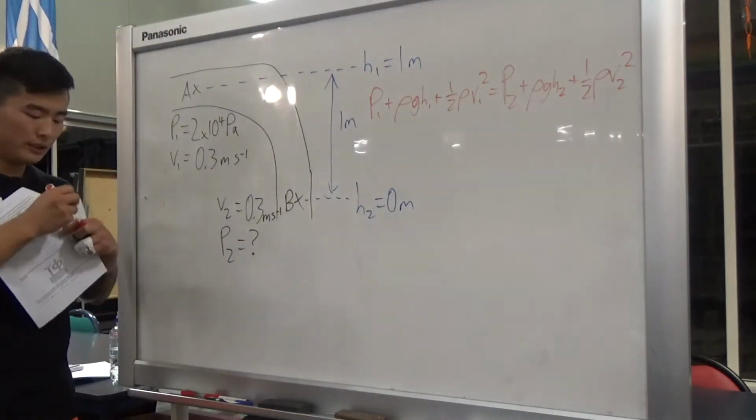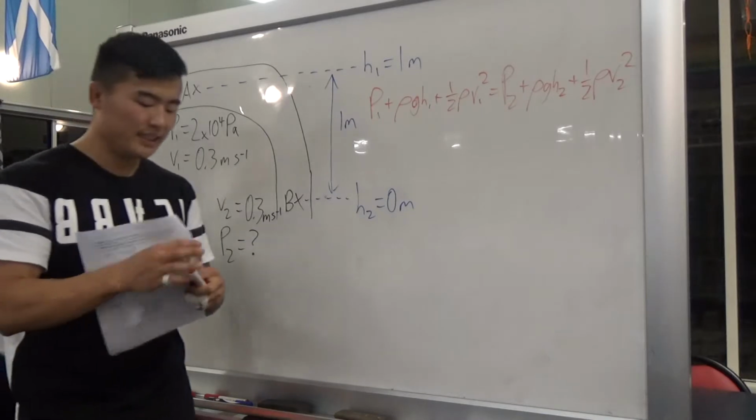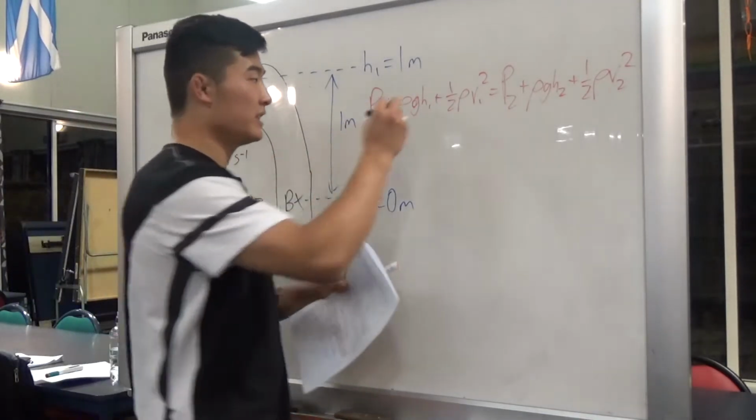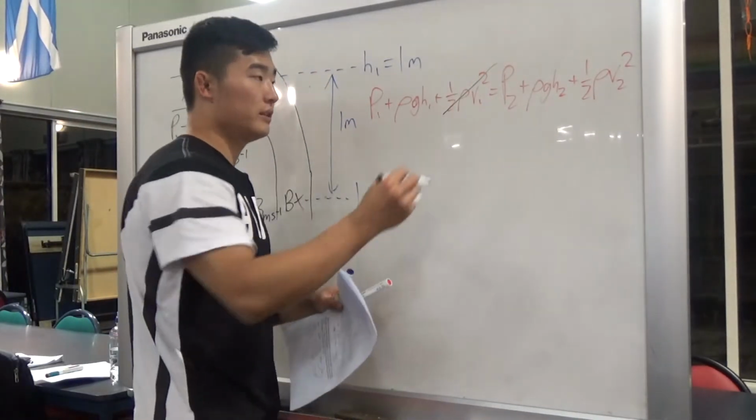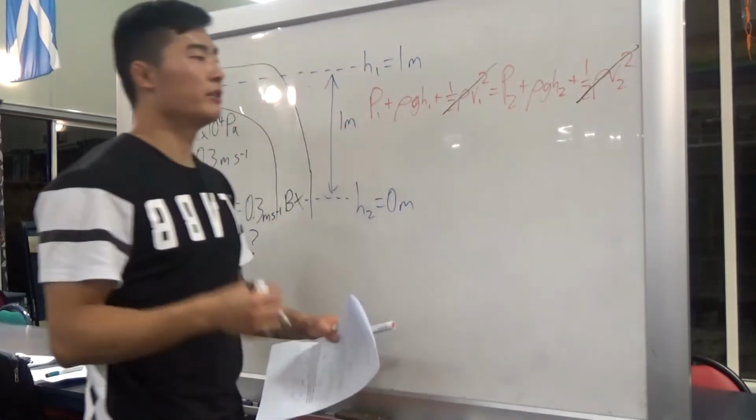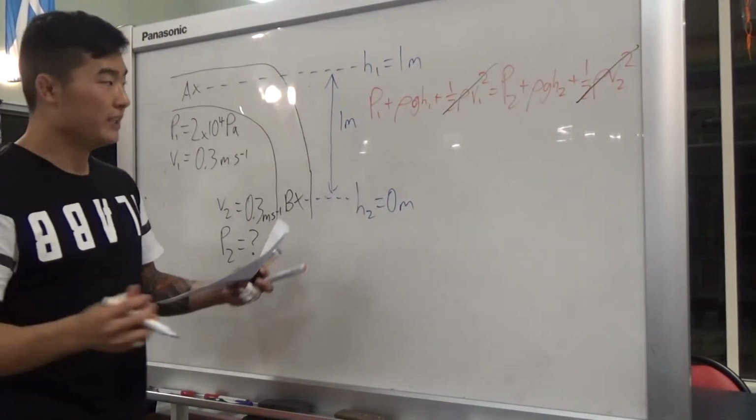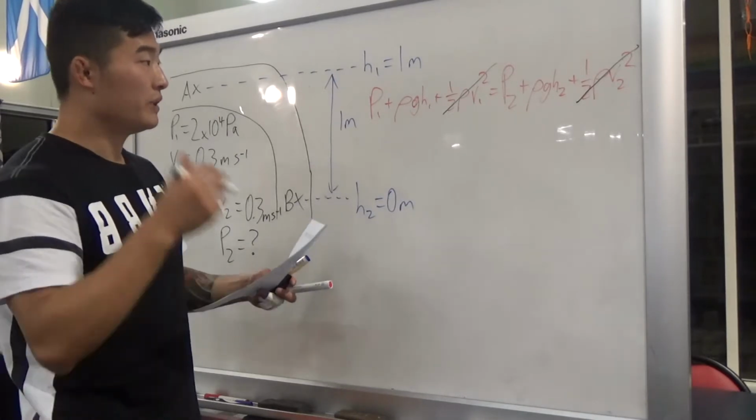Here the velocity doesn't change, so these two are going to cancel out, so we'll get rid of the half rho V squared, but we need the rest.